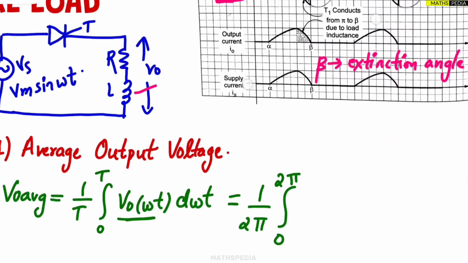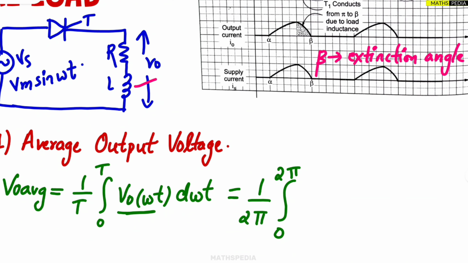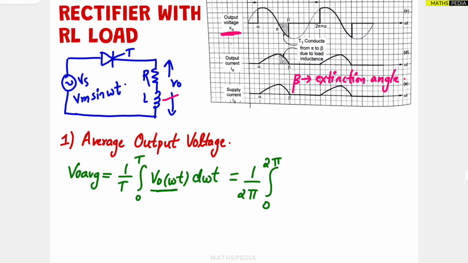Okay, so let us see that. I am breaking this up: one is 0 to alpha, then alpha to pi, then pi to beta, then beta to 2 pi. That completes the entire periodic pulse.